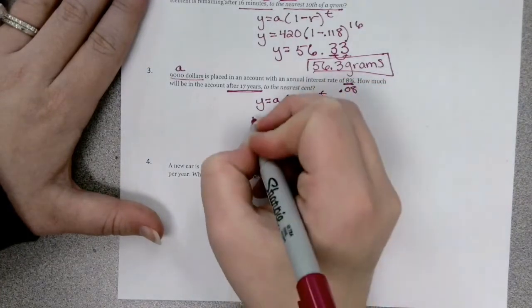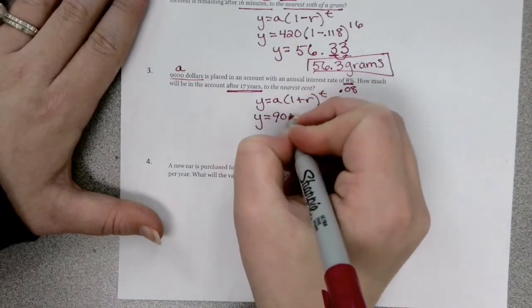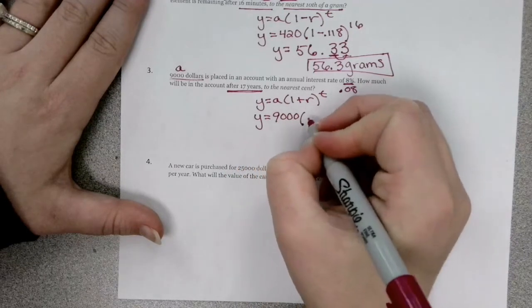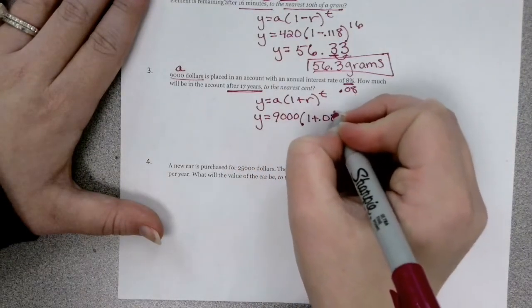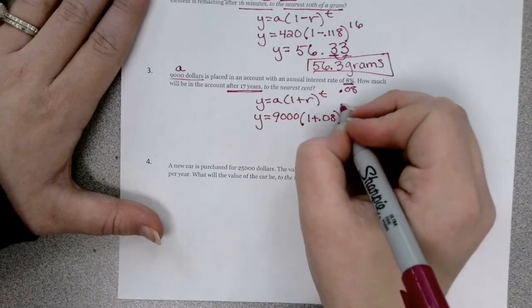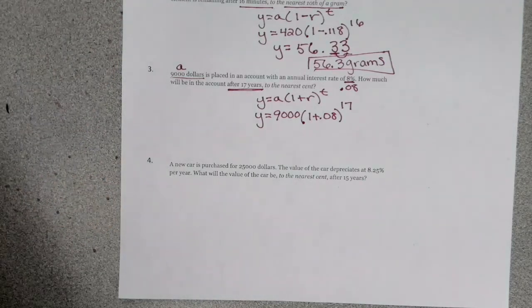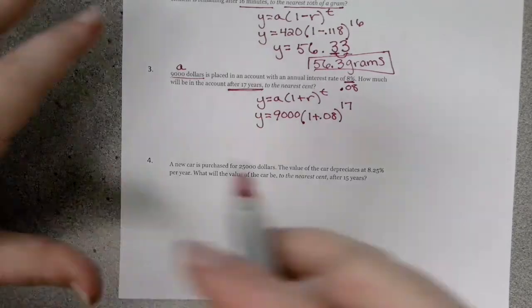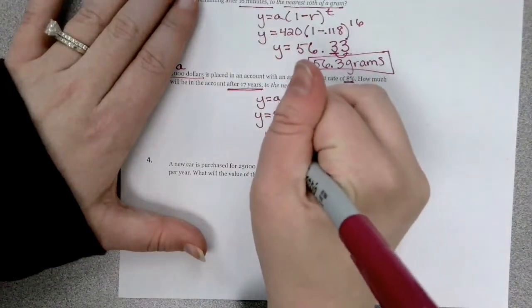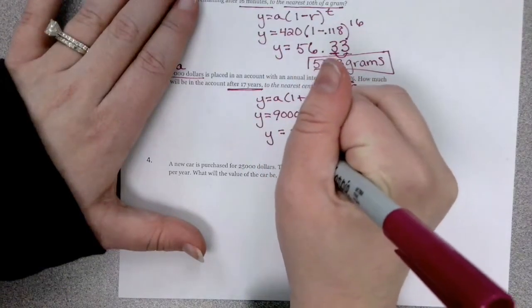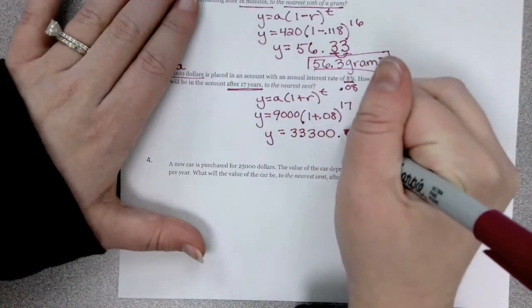So I'm just going to replace my A with the 9,000, my rate with the 0.08, and 17 for my T. When I plug that all into my calculator, I get 33,300.1624.